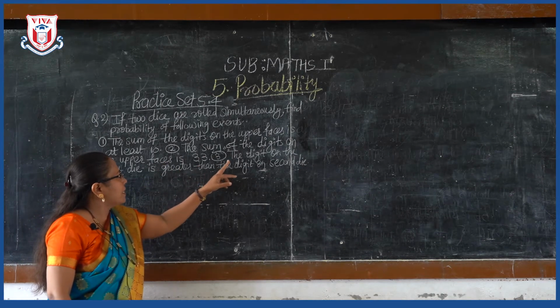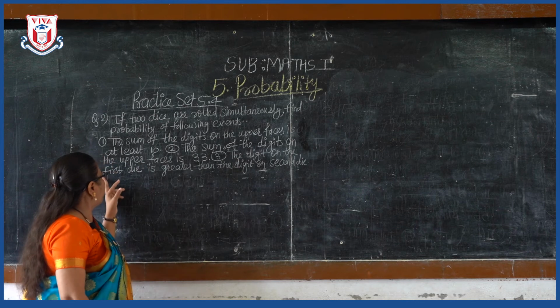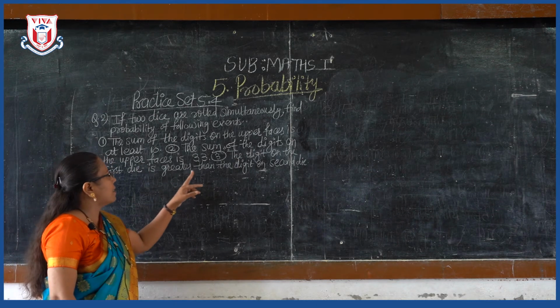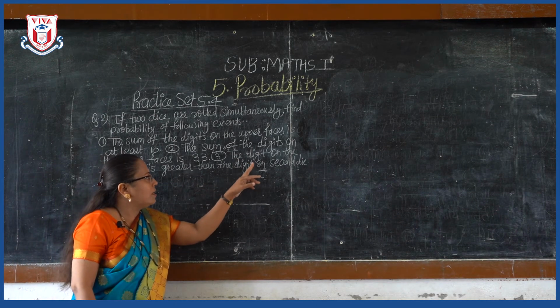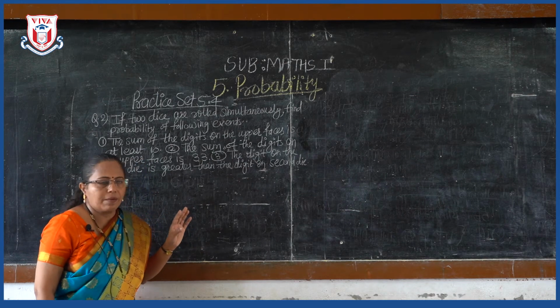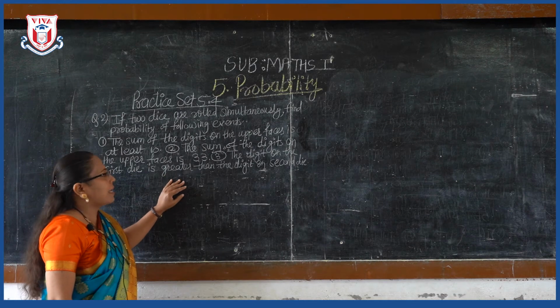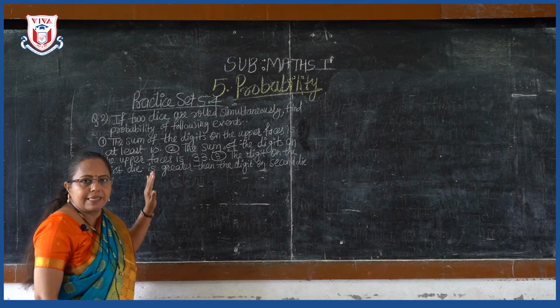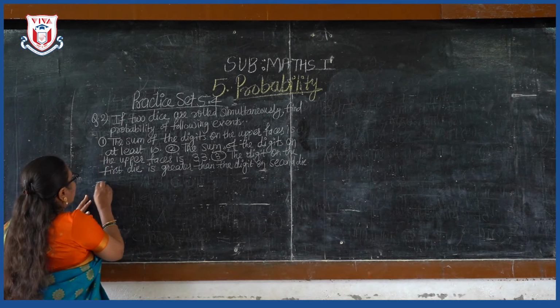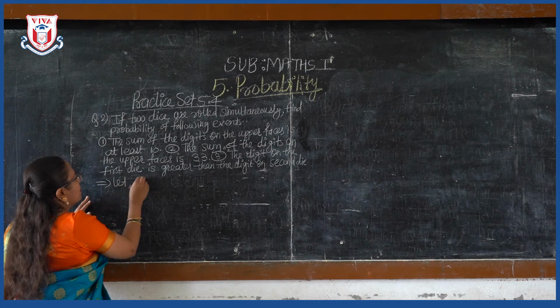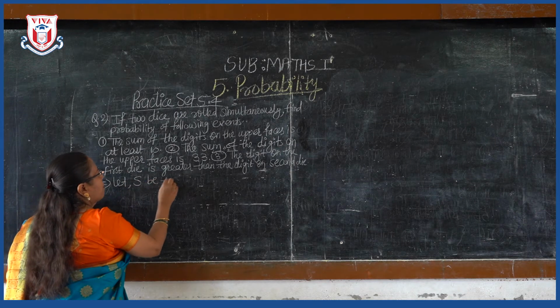Third, the digit on the first die is greater than the digit on the second die. Let us start the solution. As I explained, first we have to write the sample space. So let S be the sample space.